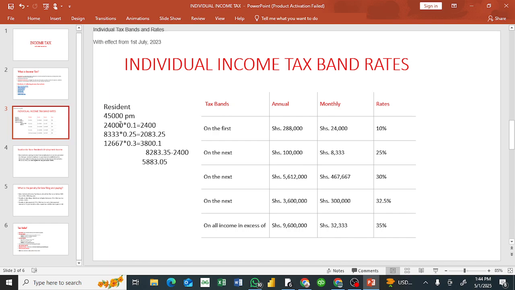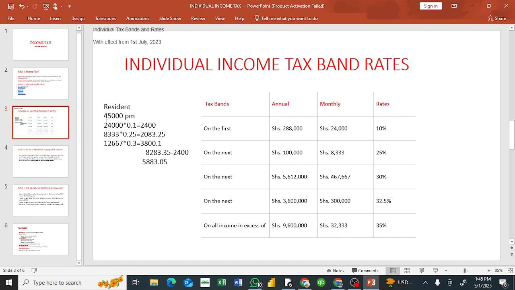Let us break down 45,000. On the first 24,000, multiplied by 10%, you get 2,400. Then on the next 8,333, multiplied by 25%, you get 2,083.25.